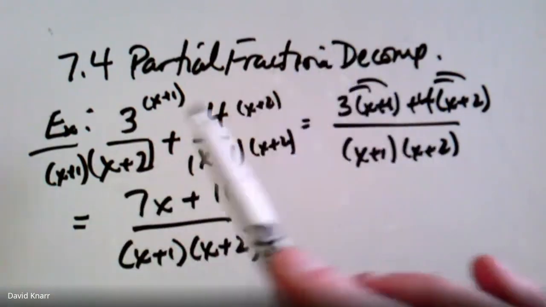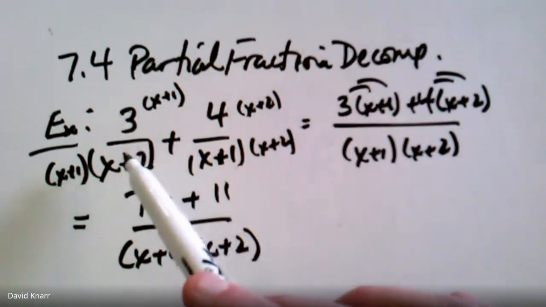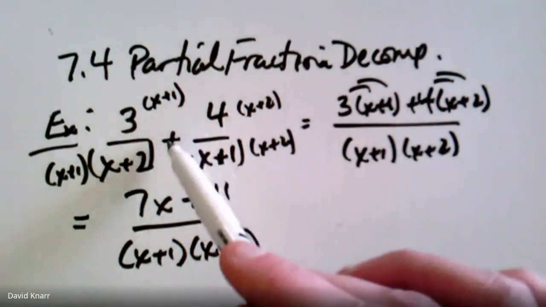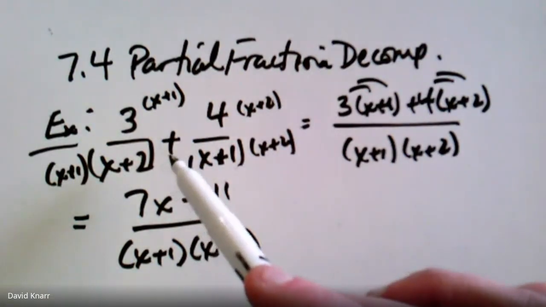So what partial fraction decomposition is all about is the idea that you can start with 7x plus 11 over x plus 1 times x plus 2 and figure out which fractions you added or subtracted to get this answer. So we're going to reverse everything that we've just done. How do you start here and go backward and get back to where we started? That's what partial fraction decomp is all about.